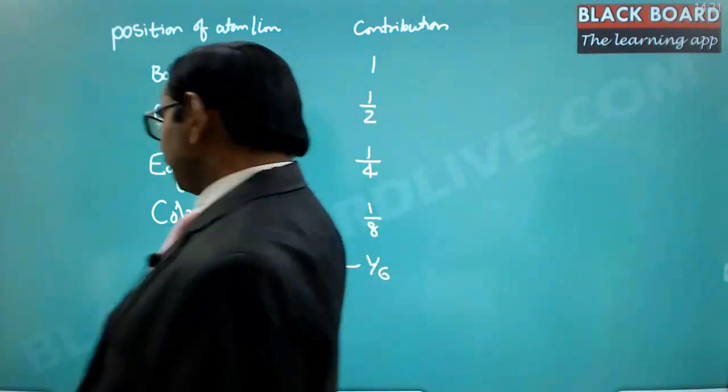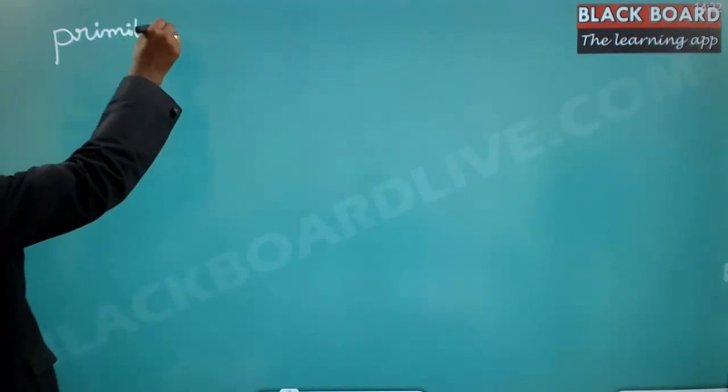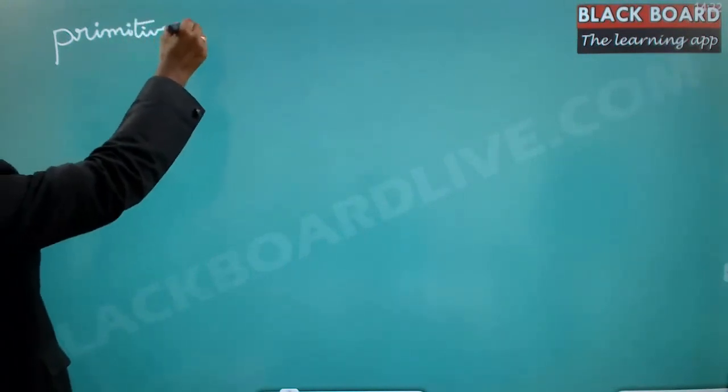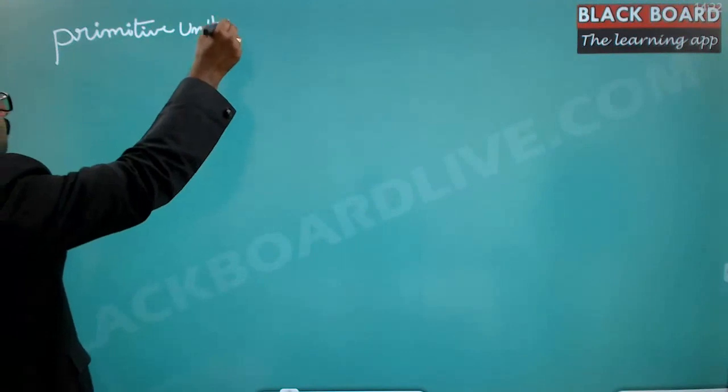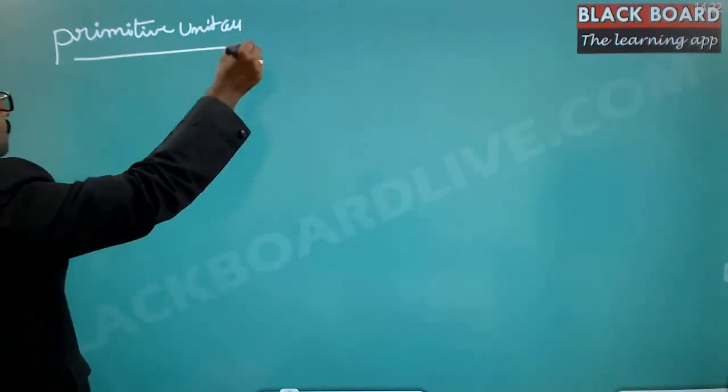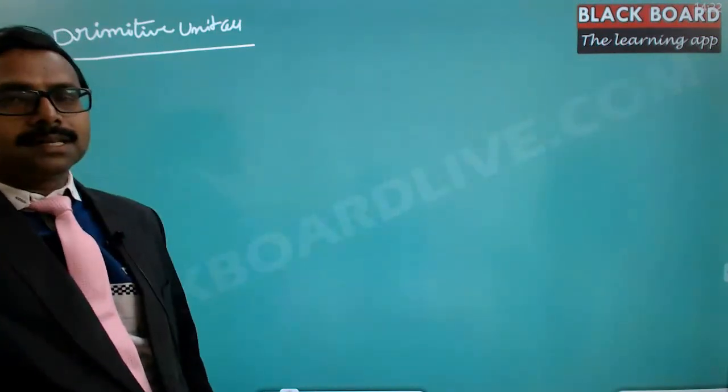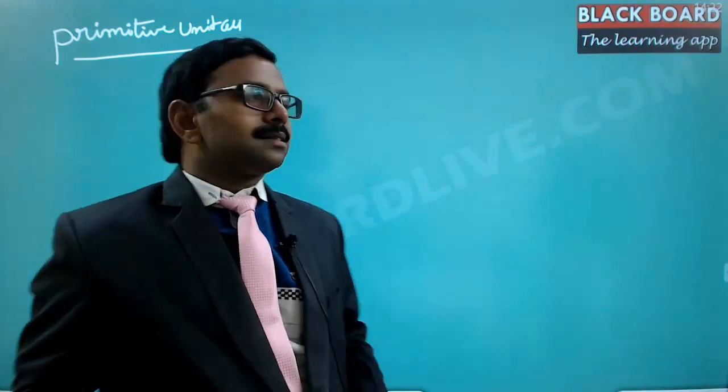First, consider the primitive unit cell. A primitive unit cell consists of only 8 points, located at the 8 corners.